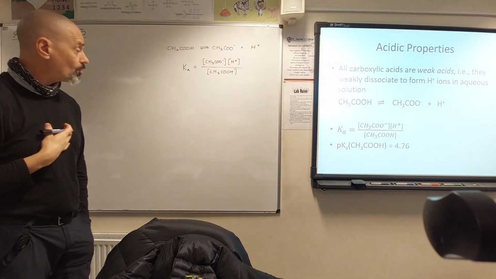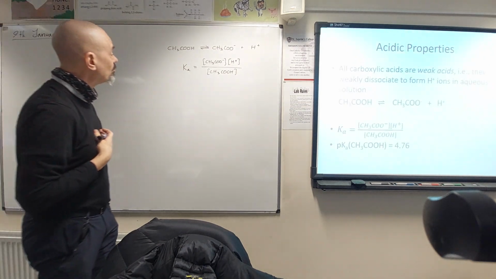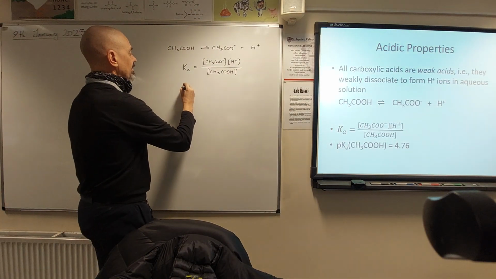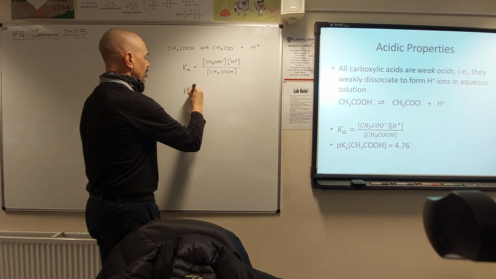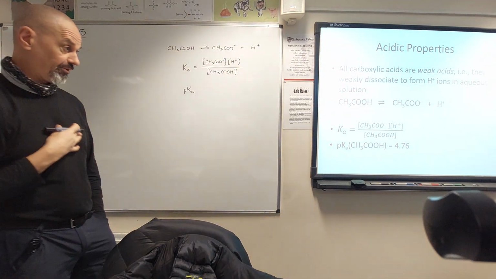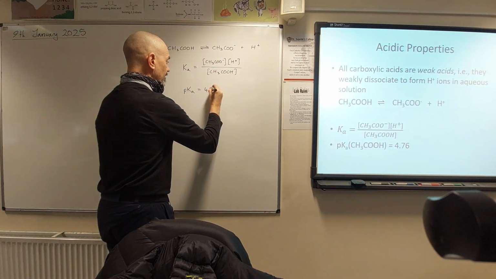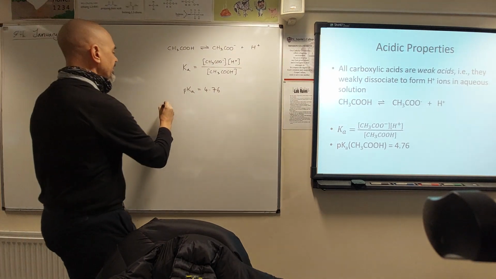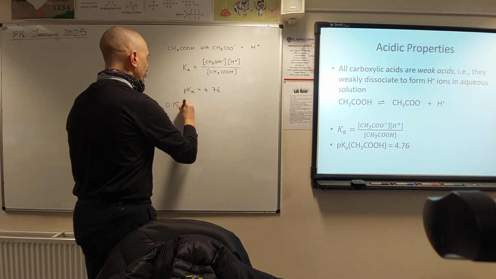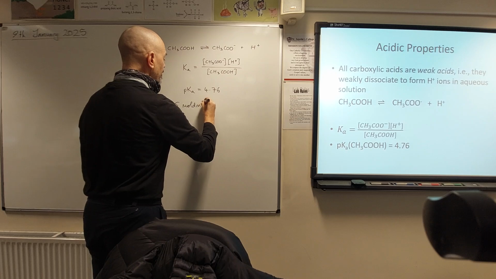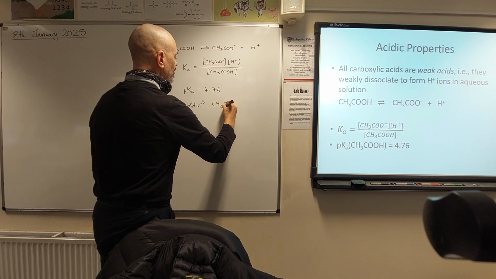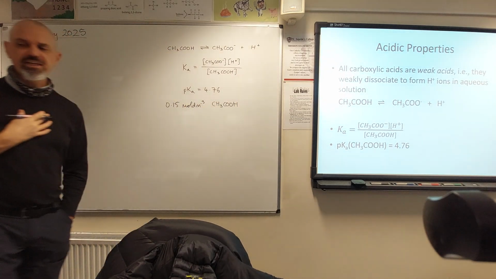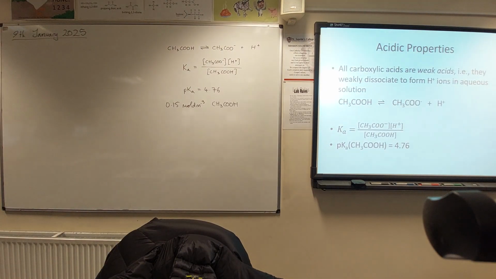And we can rearrange that to work out the pH of an acid if we look up its pKa value, which is 4.76. So could you work out the pH of 0.15 mole per dm cubed ethanoic acid for me? Pause the video now and have a go at that on your own.